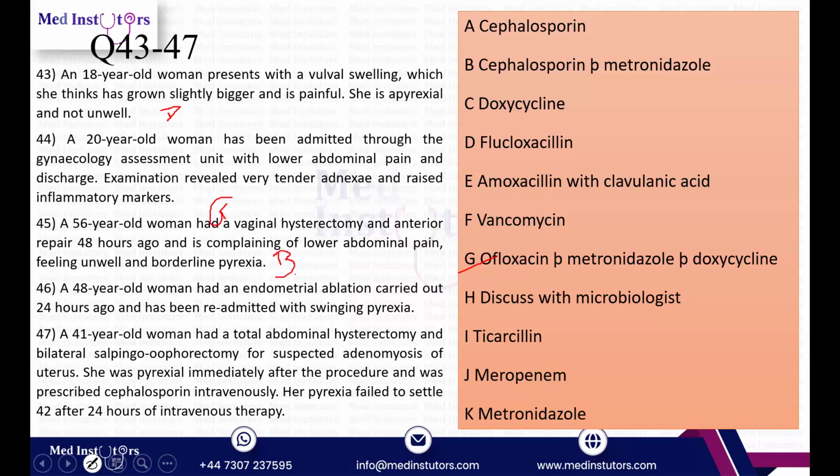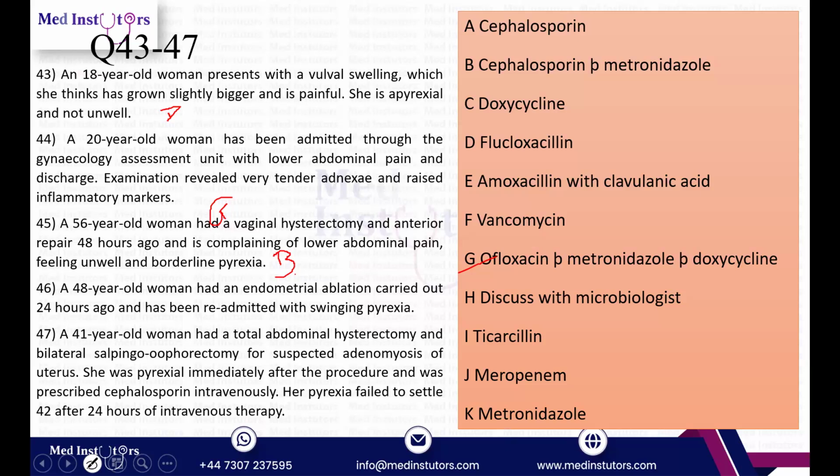Next, a 48-year-old woman, endometrial ablation carried out 24 hours ago and readmitted with swinging pyrexia. Again, a post-operative complication. No dear, you would be giving cephalosporin and metronidazole. The college doesn't really like amoxiclav, they do not even give it for surgeries.